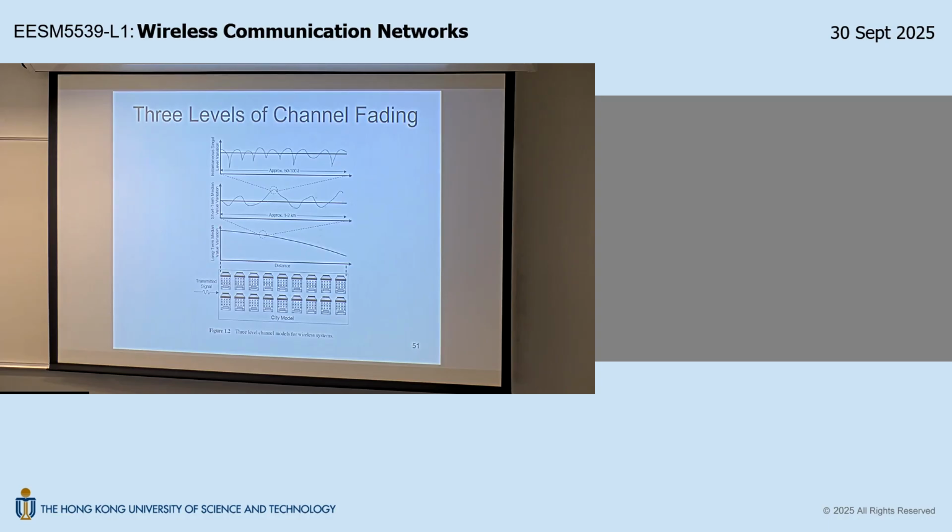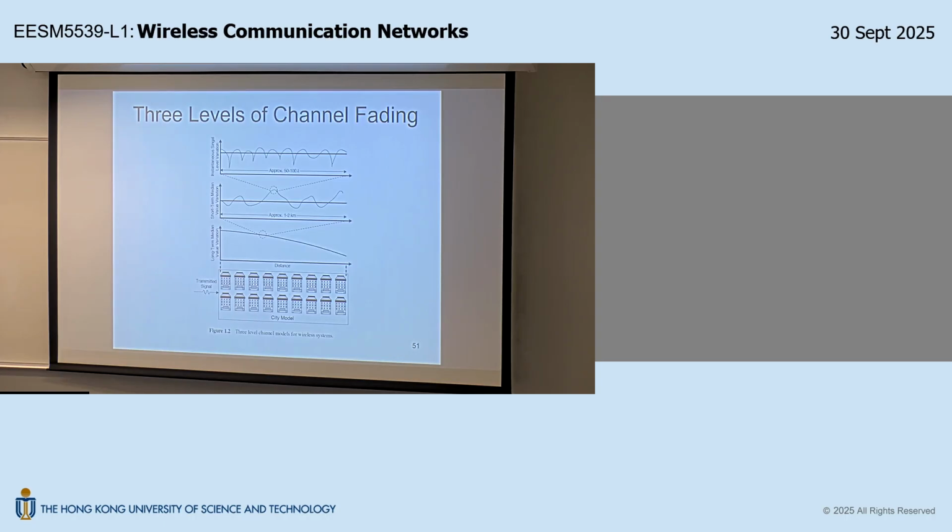So this fluctuation is an example of shadowing. Now, if you zoom into a certain piece of the shadowing, then you will see these fluctuations. This fluctuation is due to multipath fading. So even if you're walking on the street, you will stumble into the bright spot and dark spot alternately. The separation of bright spot and dark spot is of the order of lambda, the wavelength, or half lambda.